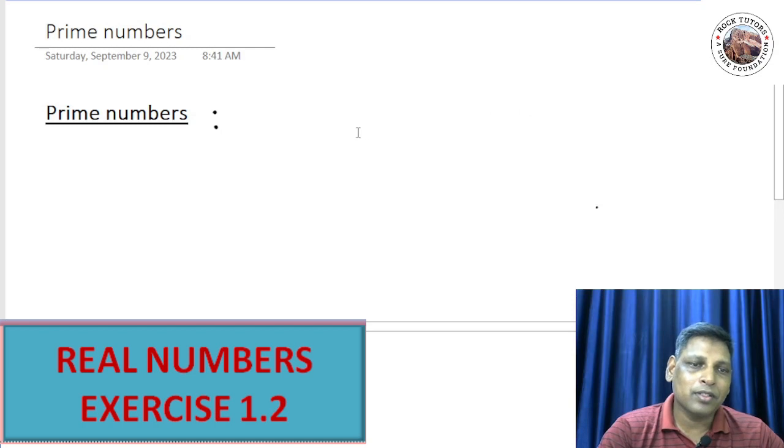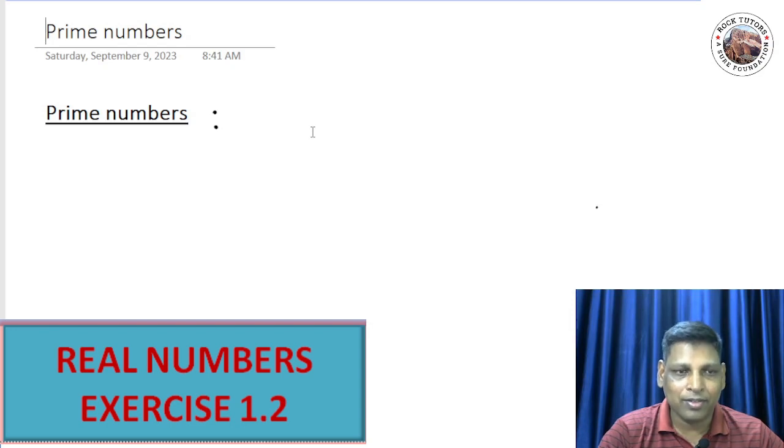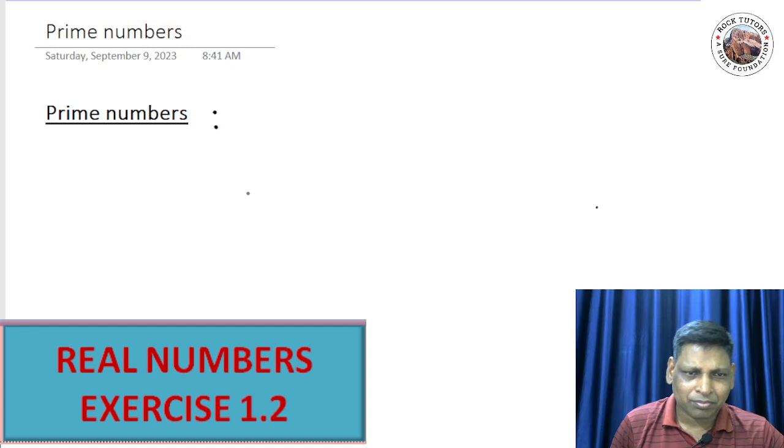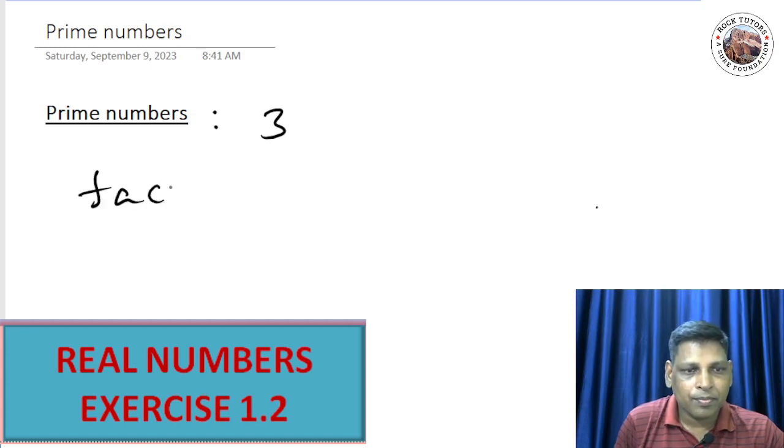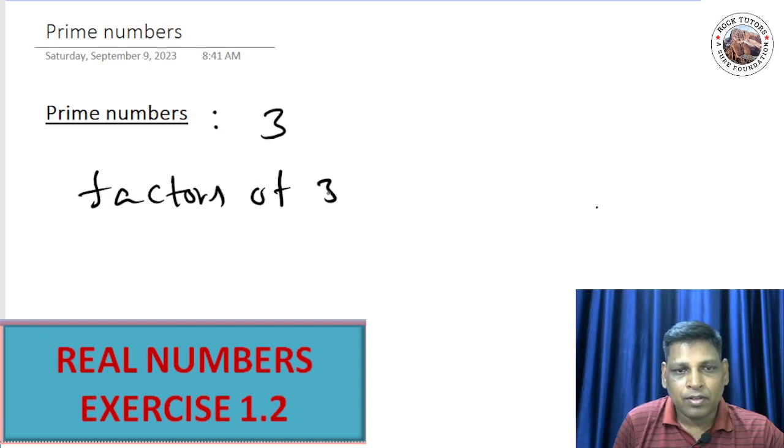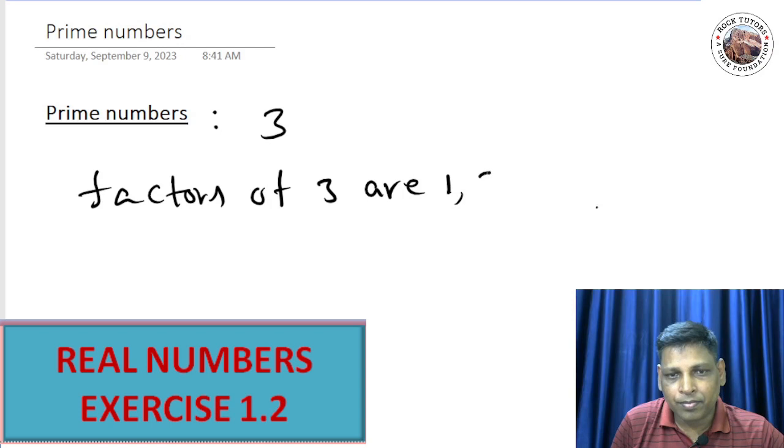Prime numbers are the numbers that have only two factors, 1 and the number itself. So those numbers are called prime numbers. Example, I am taking 3. Factors of 3 are 1, 3.